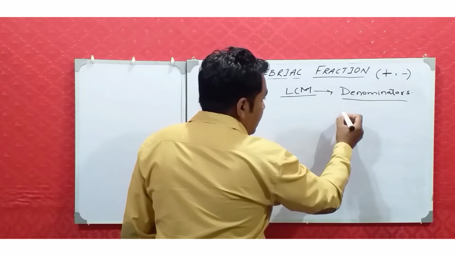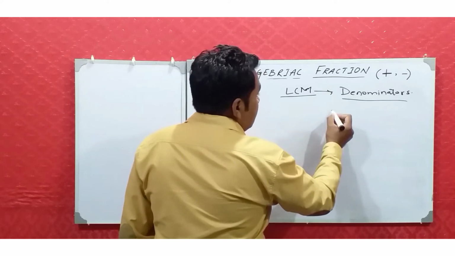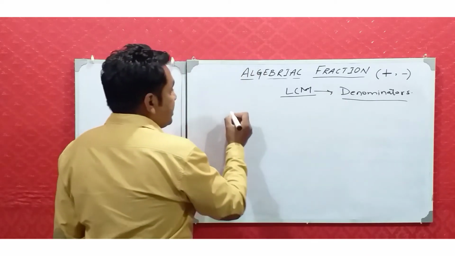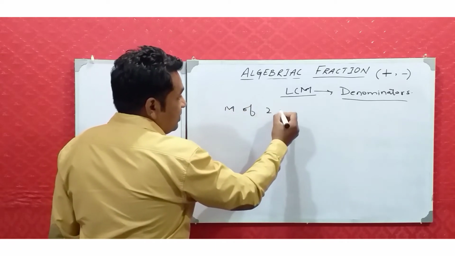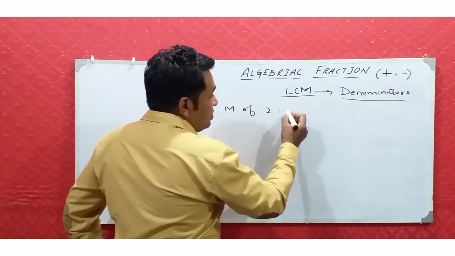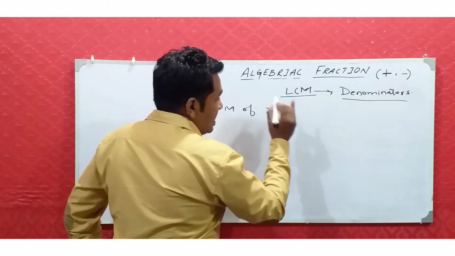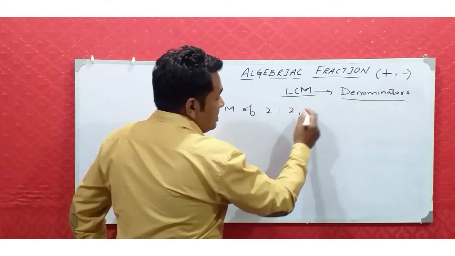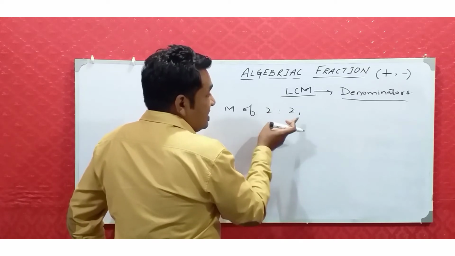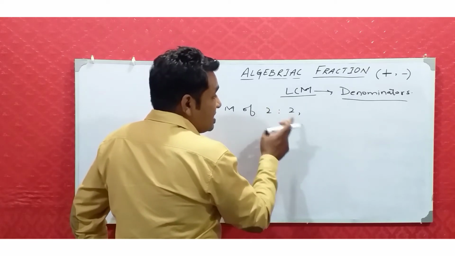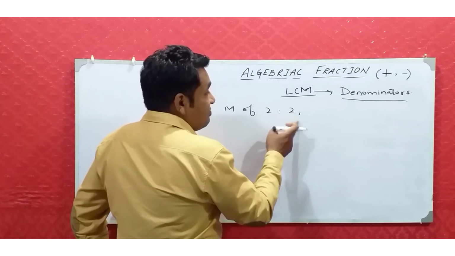Let's study what multiples are. If we talk about the multiples of 2, they start from 2, and always remember that for the multiples of any number, the first multiple is the number itself.